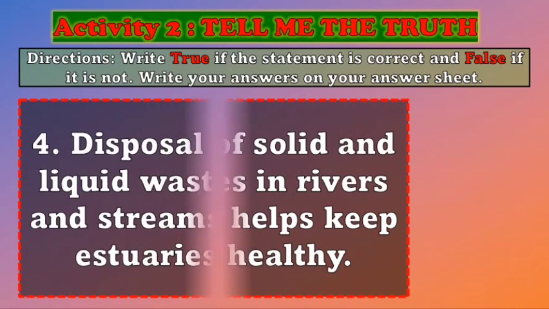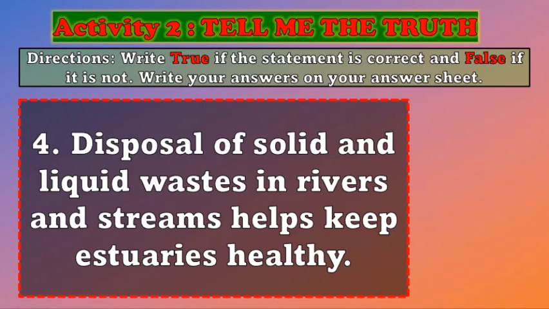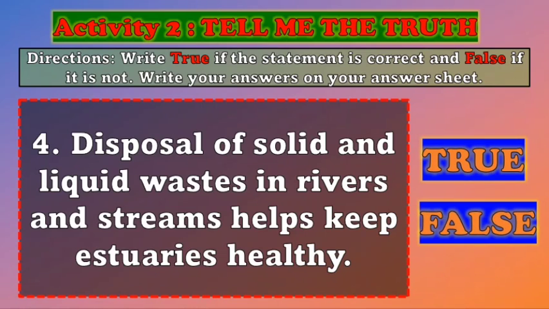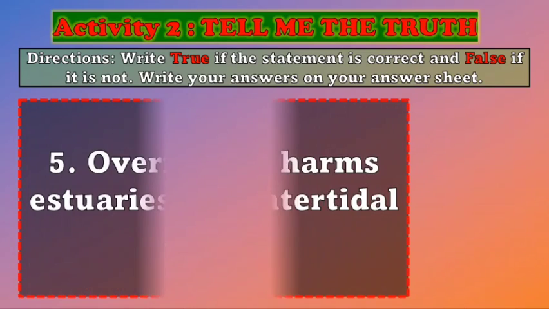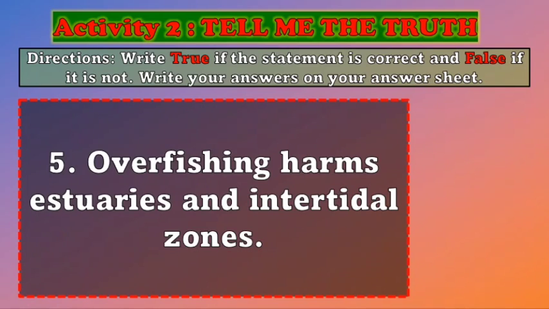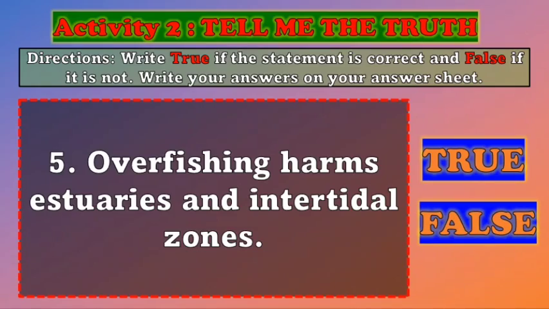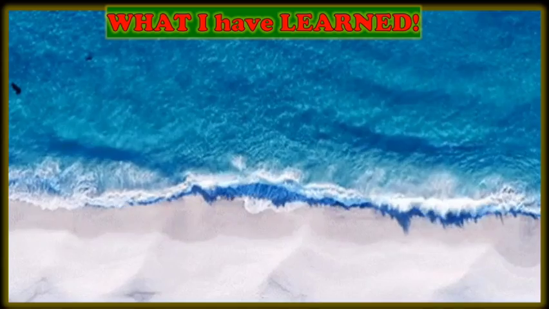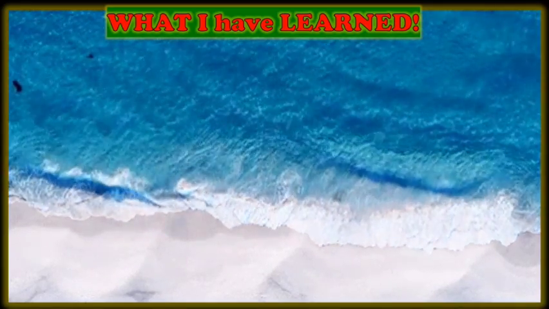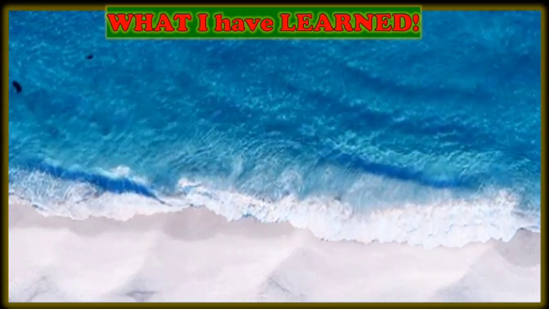Next, number 4, disposal of solid and liquid waste in rivers and streams helps keep estuaries healthy. Is that true or false? And for the last number, overfishing harms estuaries and intertidal zones. Is that true or false? Okay, this time, let's see what you have learned in our lesson for today.